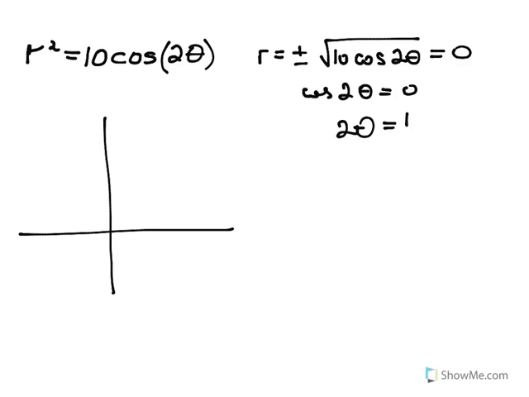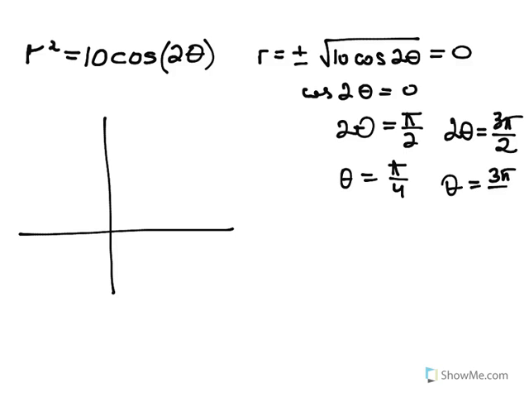Pi over 2 or 3 pi over 2. Therefore, the first angle is pi over 4, and the second option is 3 pi over 4.